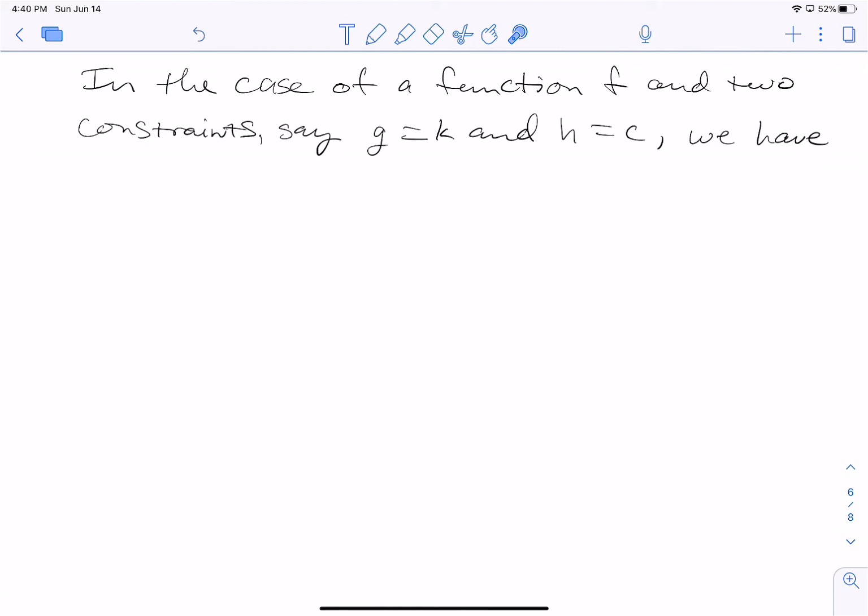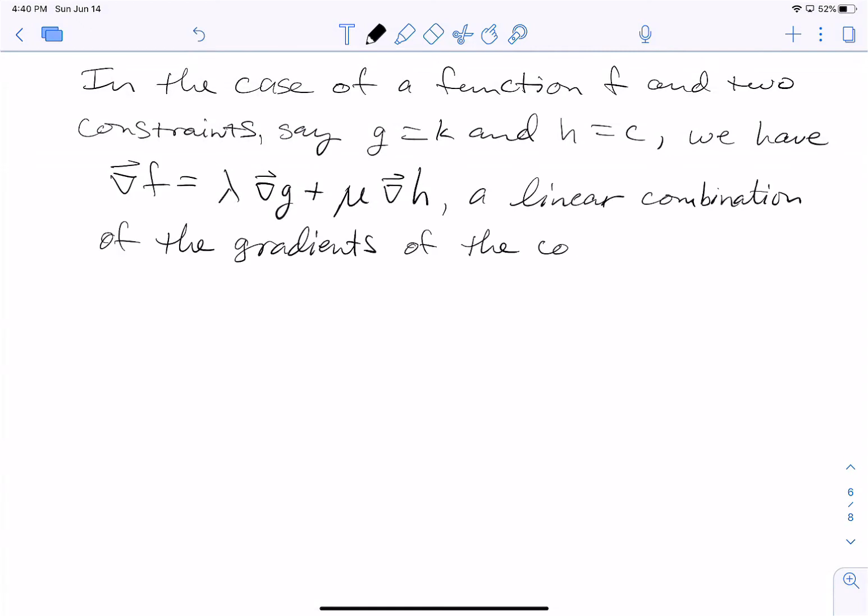In the case of a function f with two constraints, say g equals k and h equals c, we have that del f is equal to lambda del g plus mu del h, a linear combination of the gradients of the constraints.